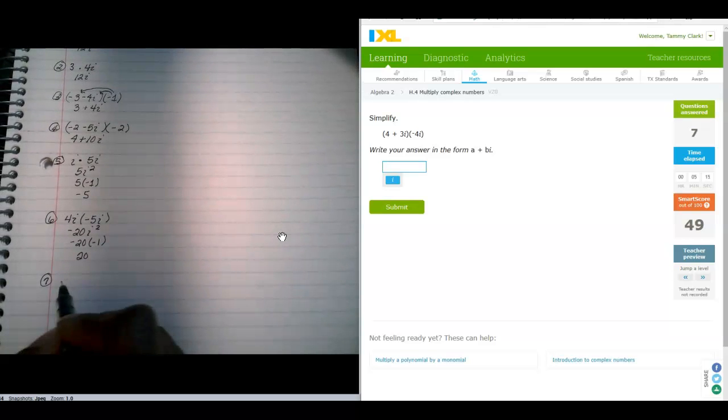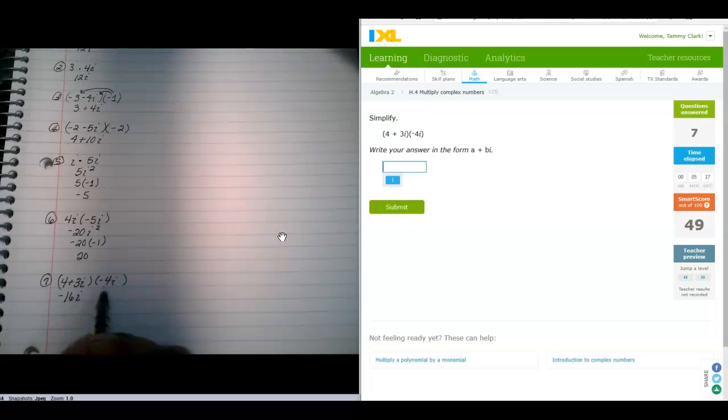And this time we've got 4 plus 3i multiplied by negative 4i. So that would be negative 16i if you're thinking negative 4i times 4. And then negative 4i times positive 3i is negative 12i squared. So we've got negative 16i and negative 12 multiplied by negative 1.